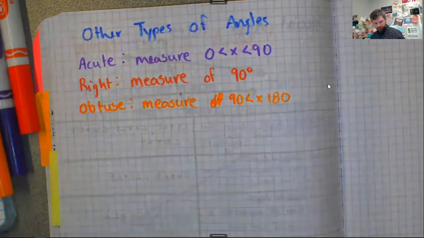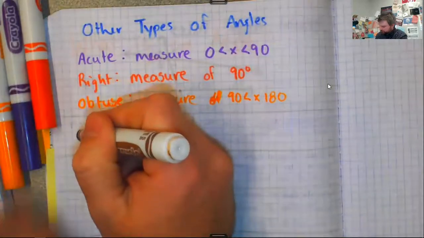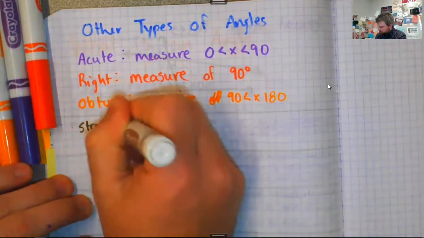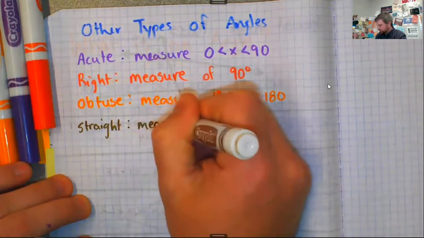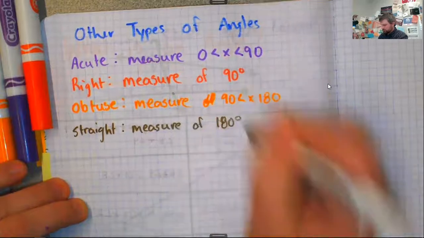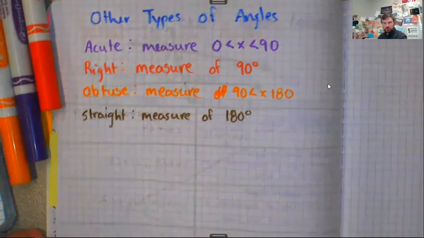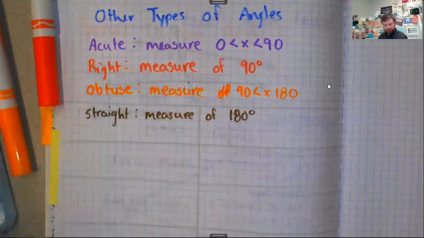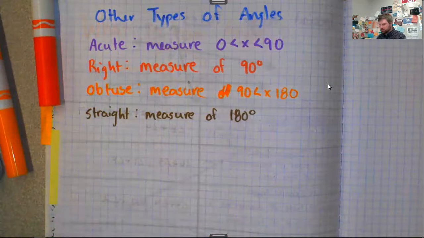Another one here, we have a straight angle. A straight angle has a measure of 180. Okay, so those are 4 standalone types of angles that we have talked about before. The next ones are kind of pairs of angles.